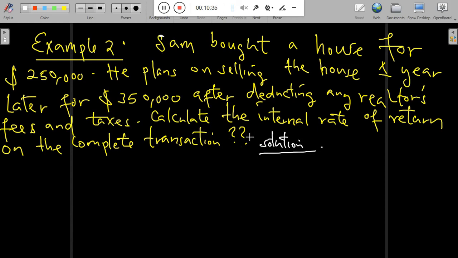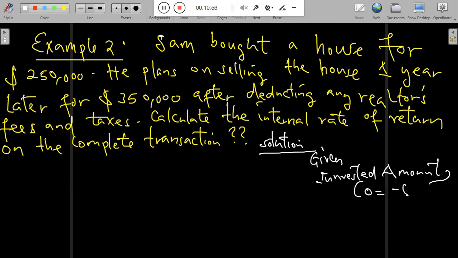Solution. We are provided with the investment amount, that is CO, the initial investment outlay, which we put as negative 250,000. We put it as negative because the money went out.